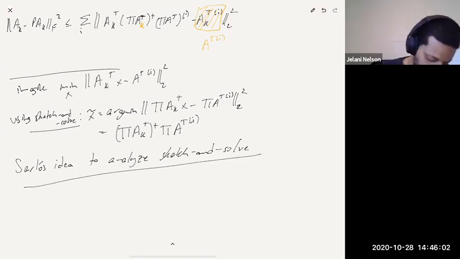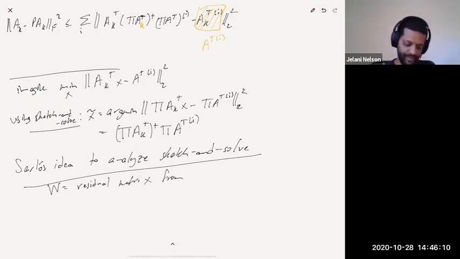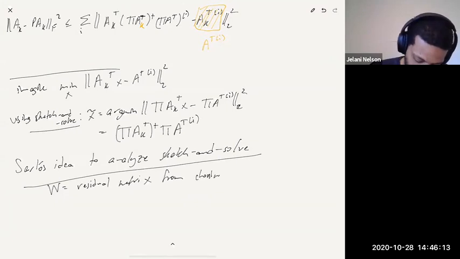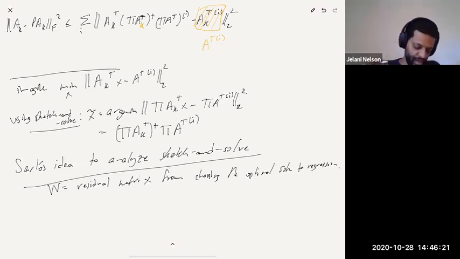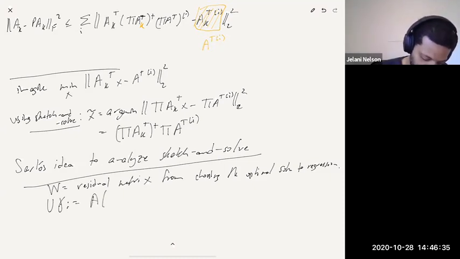One is that now it's a matrix, but say W is the residual matrix from choosing the optimal solution to regression. And then also, there was this thing where you defined gamma to be A times X tilde star, which is the sketch and solve solution, minus X star.